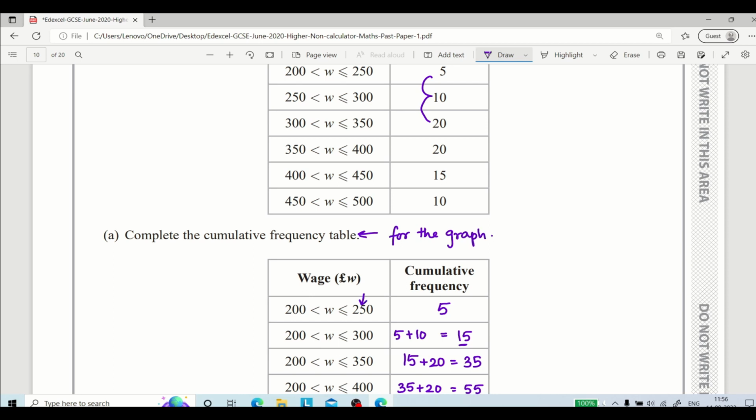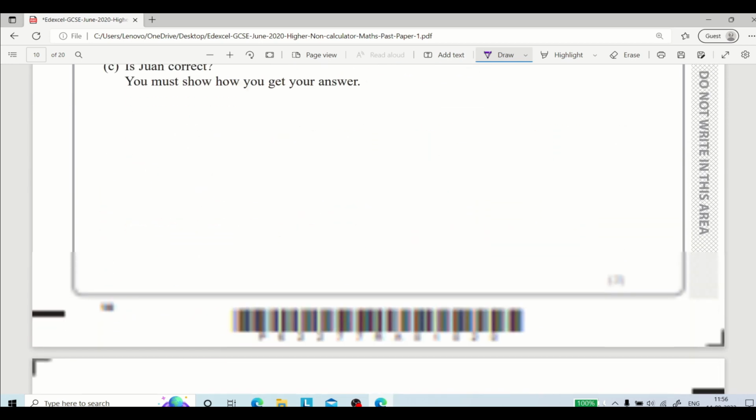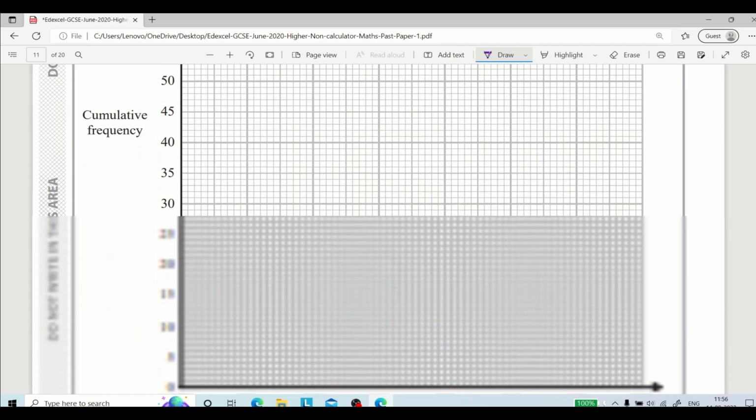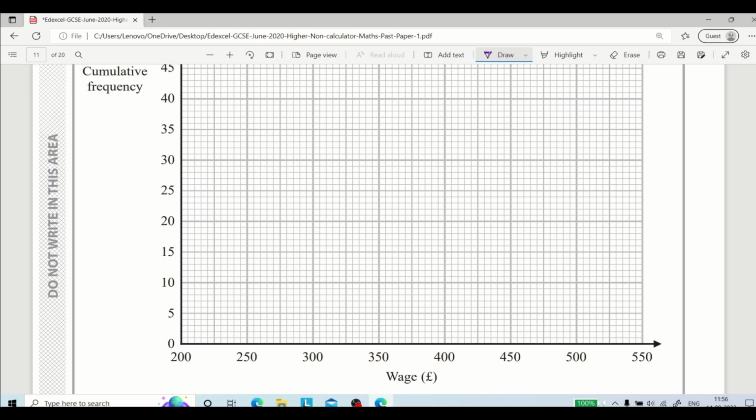Okay, so these values. Let me just start with this. Pretty easy, don't worry. So 250 and we have 5. Marking this. This is our first point. Then what will be our second point? Just keep on referring to the table.